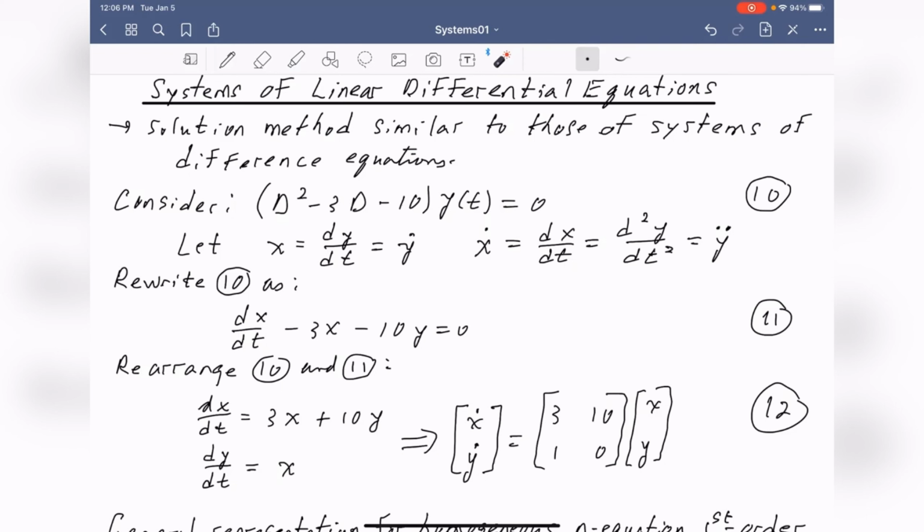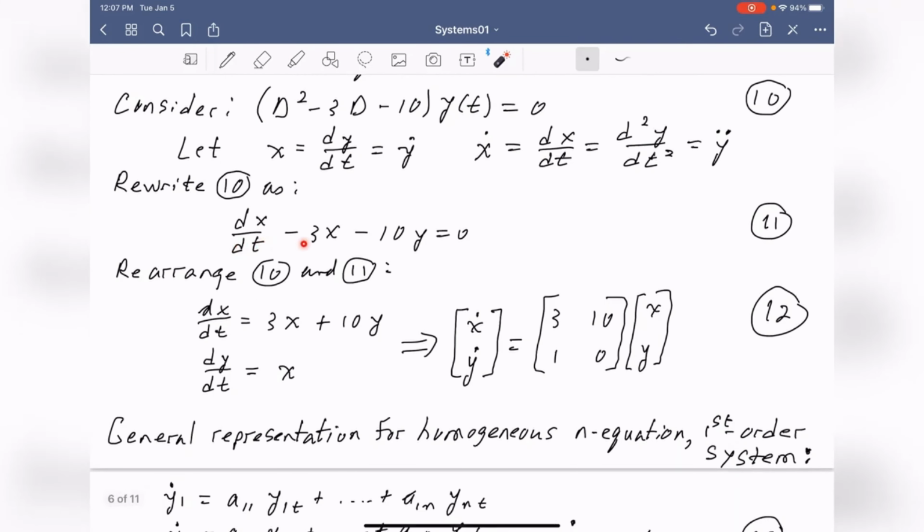So what we do again is we let x equal dy/dt, or y dot. x dot then is dx/dt, which is equal to d^2y/dt^2, or y double dot. So we rewrite this equation that's in operator form as dx/dt - 3x - 10y equals 0.